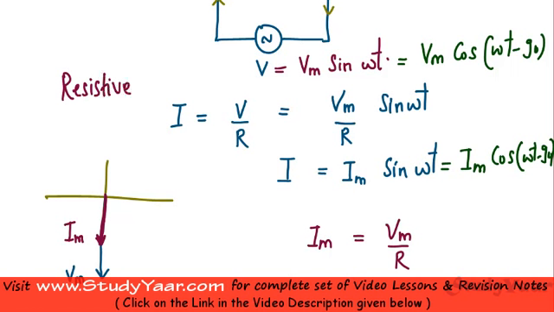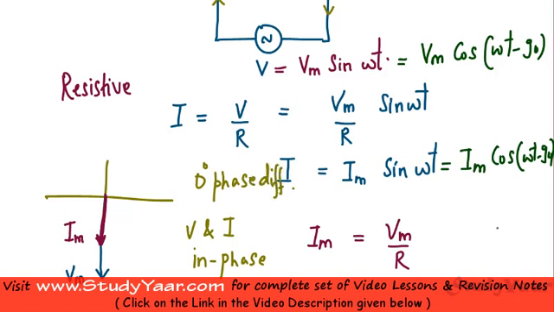What you realize over here is, in a purely resistive circuit, your current and your voltage are in phase. Both current and voltage have 0 degree phase difference and they are in phase.